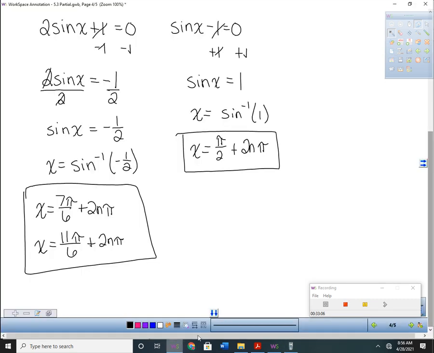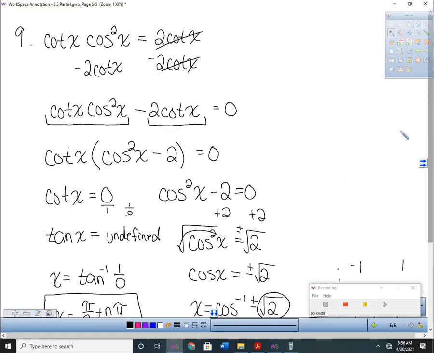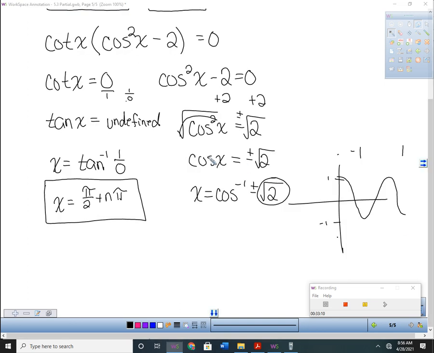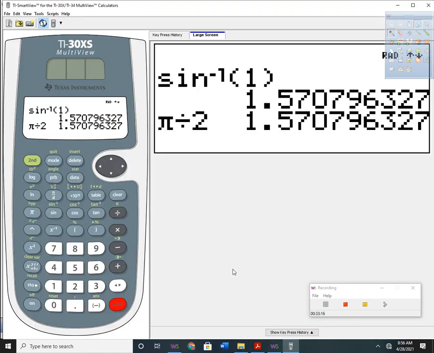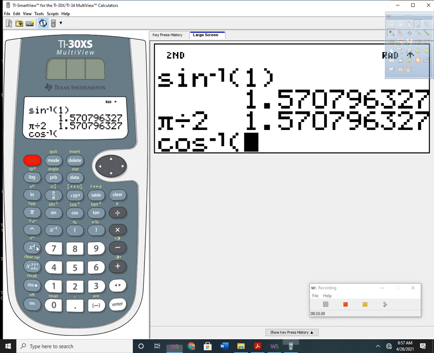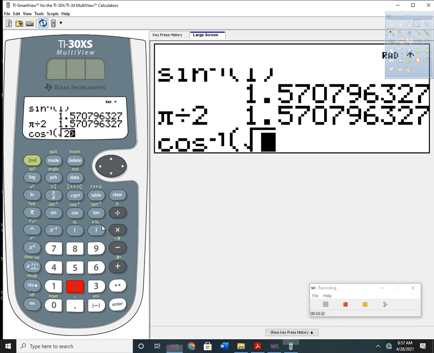If you plug in cosine inverse of the square root of 2, watch what happens.